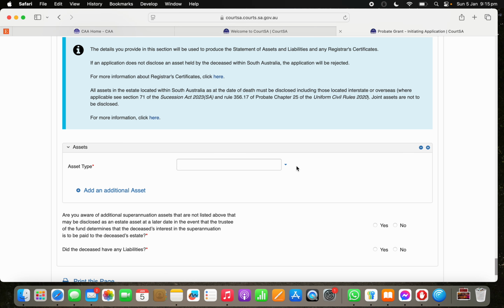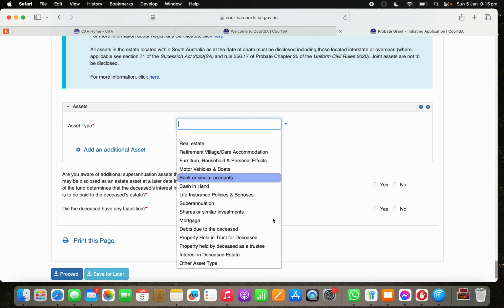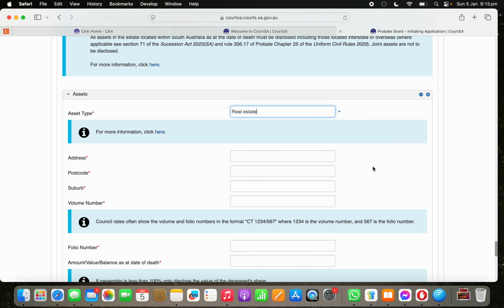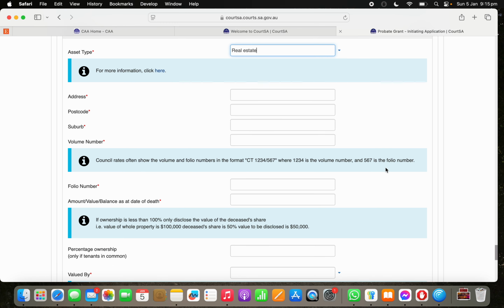Alright, so asset type. So we have a long list here of different types of assets, and if you click on one of them, it'll prompt you for the information that is required. So for real estate, we've got the address, the volume number, the folio number, and the value of the real estate.